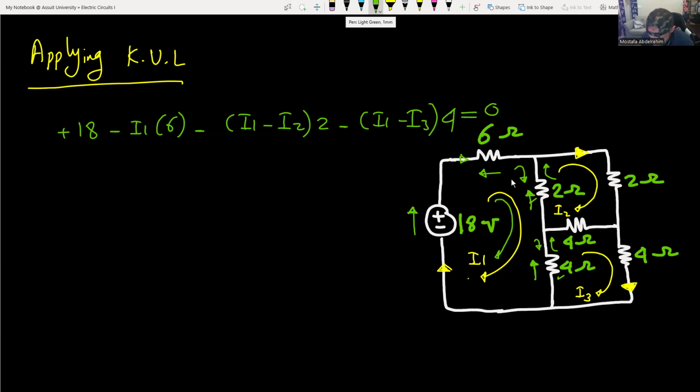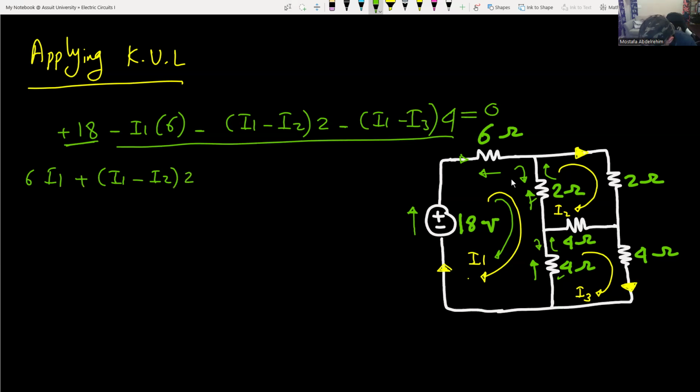Okay, good. So let's put the 18 on one side, and all the other terms on the other side of the equation, so everything will be positive. So 6I1 plus (I1 minus I2) multiplied by 2 plus (I1 minus I3) multiplied by 4 equal to 18.